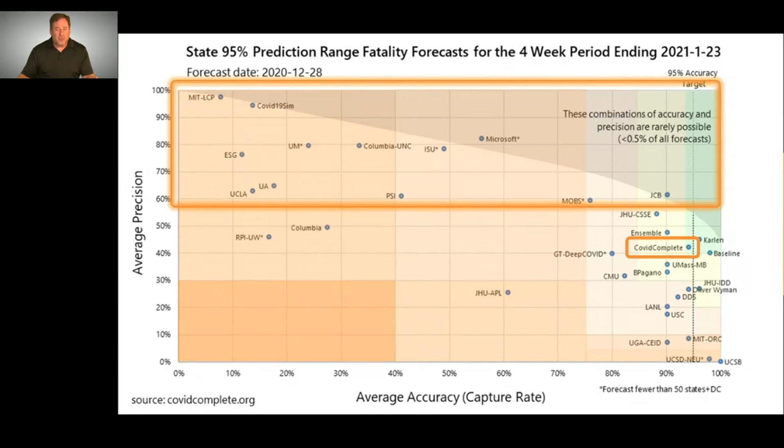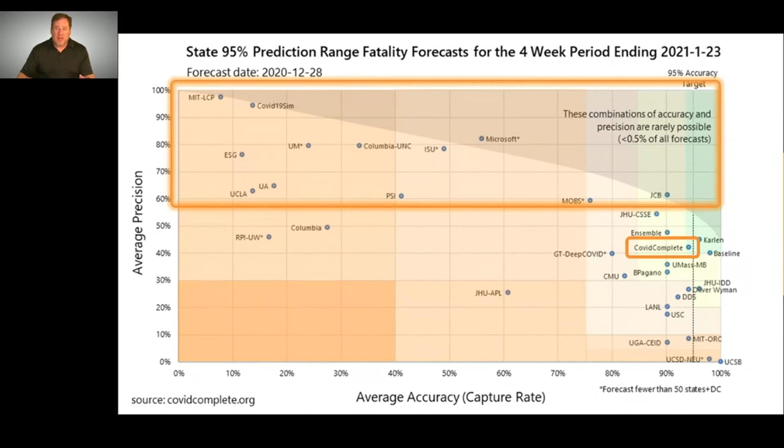And so these forecasts that are shown inside the orange rectangle here are essentially forecasts that have too much precision to be able to get to the 95% capture rate level of accuracy. And they need to relax their precision, make their ranges wider, so that they can get to a 95% capture rate.